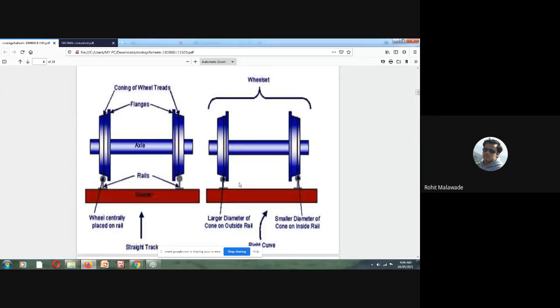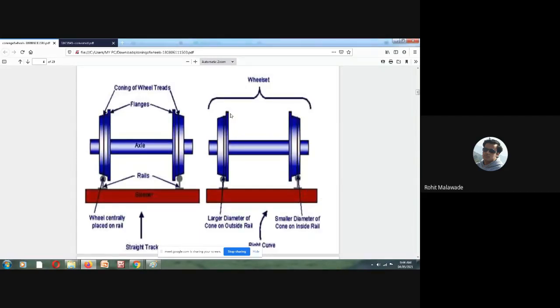This side will have the larger diameter because when we take a turn on our bikes, the centrifugal force is going to act. So whenever we turn, we move our body in the opposite direction. In a similar fashion, when the train is going to take a turn, we will consider this is going to take a right turn.